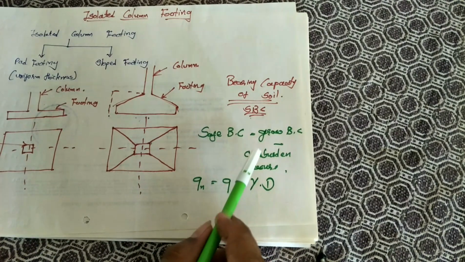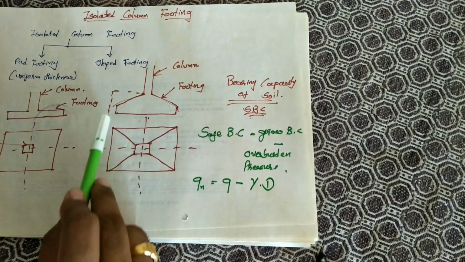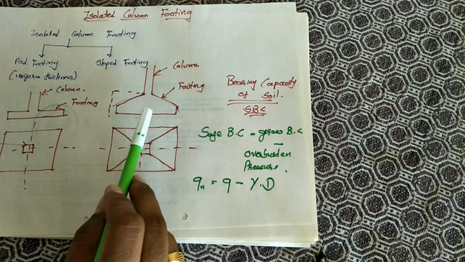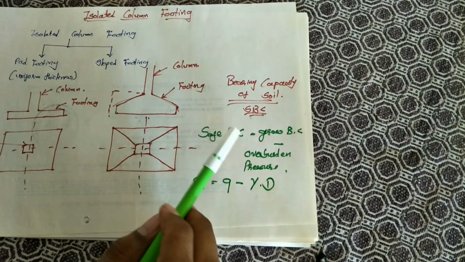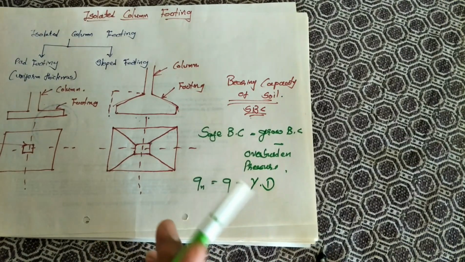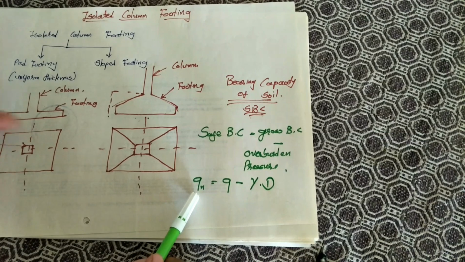So the net pressure at the base of the footing after deducting the weight of the excavated soil is called the safe bearing capacity of the soil. So you have to calculate the safe bearing capacity of the soil.